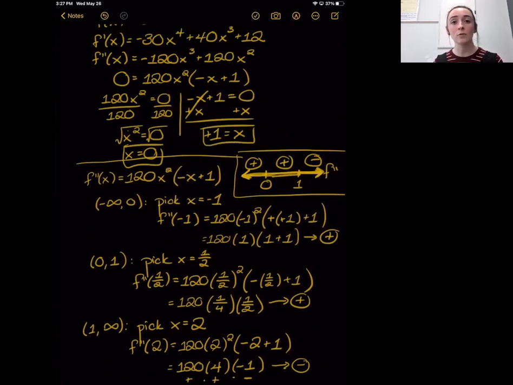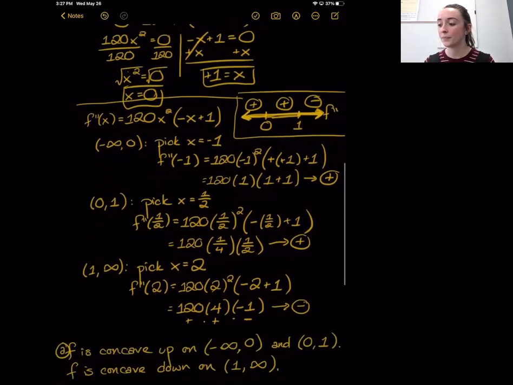So we have to look at those points and see where, if at any of those points, the second derivative also changes sign. So let's go back to our number line. At x equals 0, on the left-hand side, the second derivative is positive, and on the right-hand side, the second derivative is also positive. So it doesn't change sign at x equals 0. Therefore, x equals 0 cannot be a point of inflection.